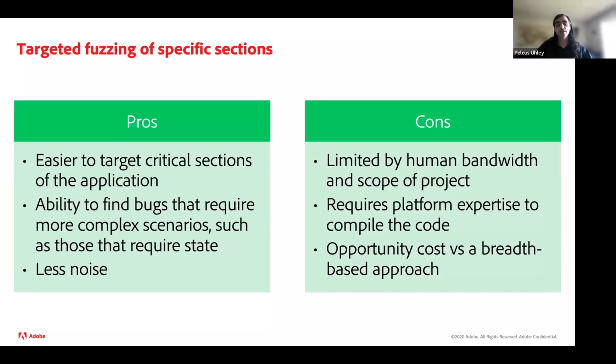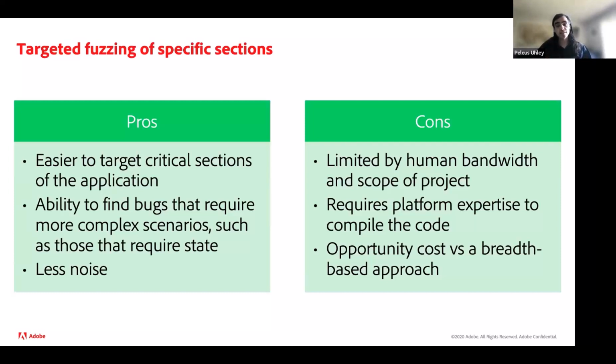If you're doing targeted fuzzing, you can understand the data format and the object that's involved, and you can manipulate based on knowledge of the actual object so that you are correctly mutating into different states. And you tend to get less noise because you're focused just on the areas that you care about.